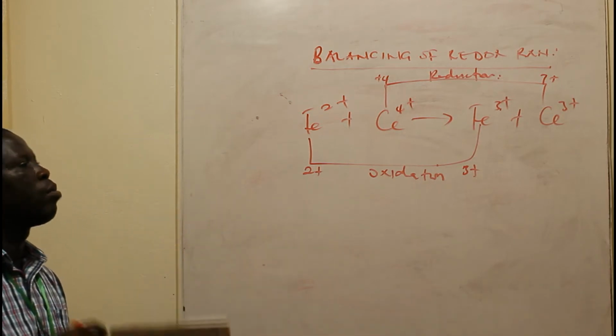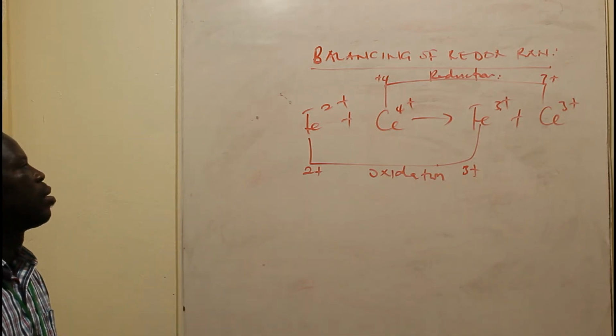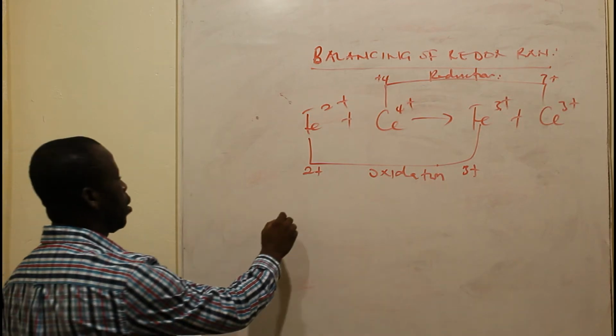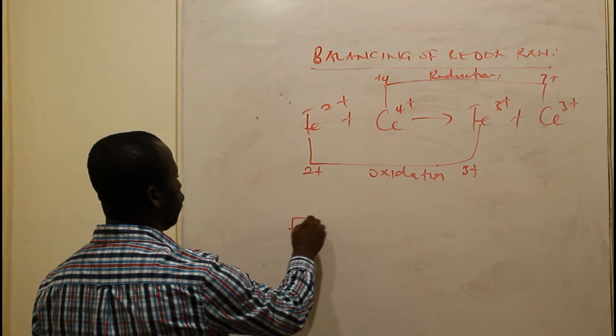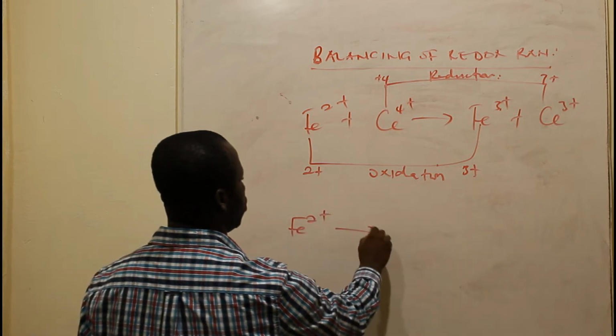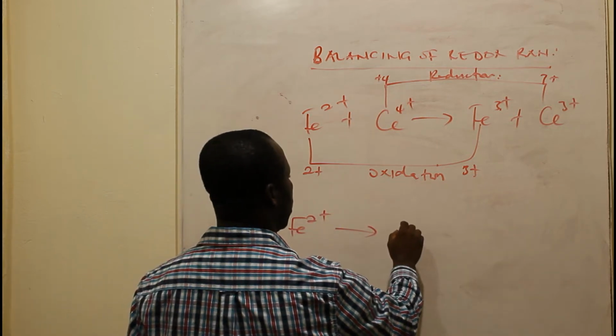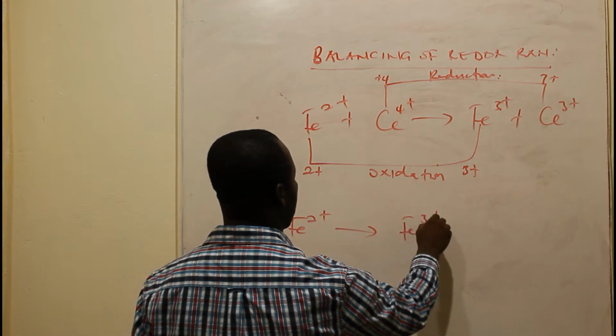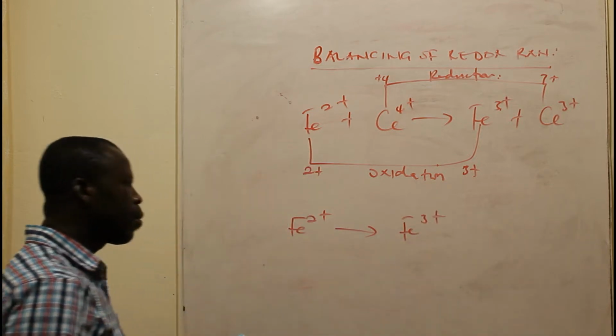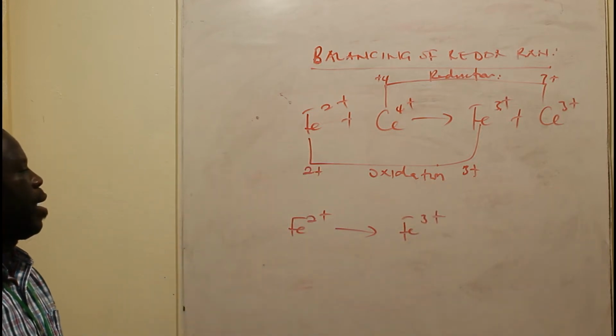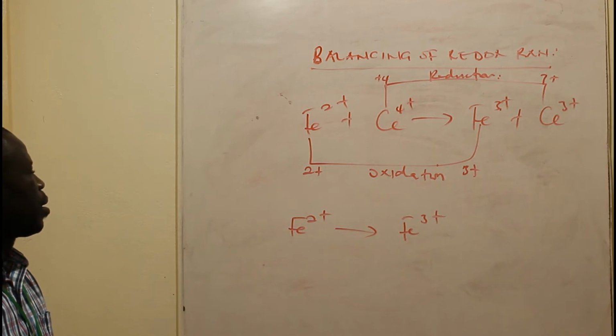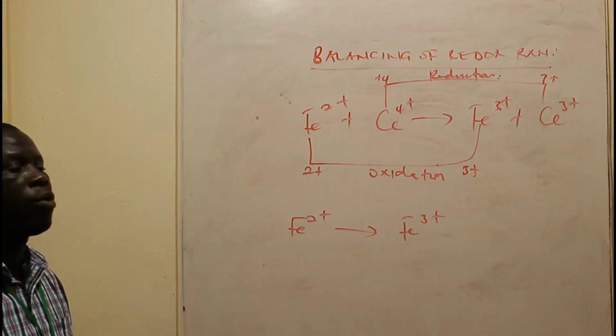Now we do balancing of each half equation. Let's have the first one, the oxidation half, Fe2+ to give you Fe3+. Here you realize that there is no oxygen to balance, there is no hydrogen to balance.